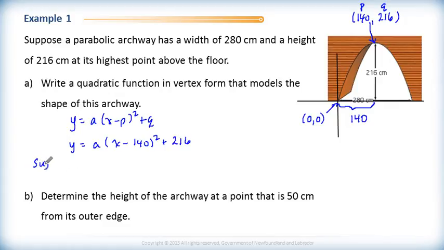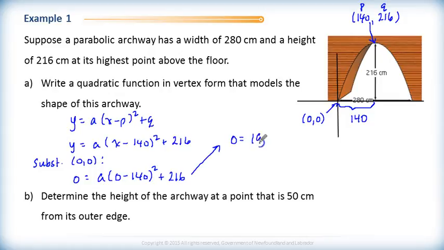So we'll substitute 0, 0 for x and y. So 0 goes in for my y, and 0 also goes in for my x. So I've got 0 equals 19,600 times the value of a, because I get negative 140 squared here. That's 19,600 plus 216. A little bit of rearranging.